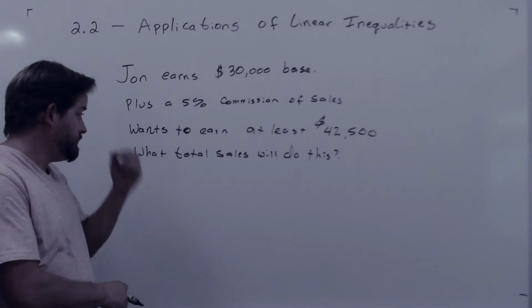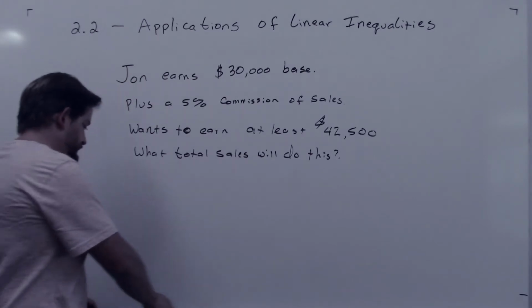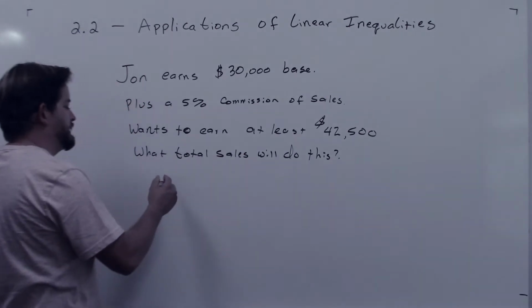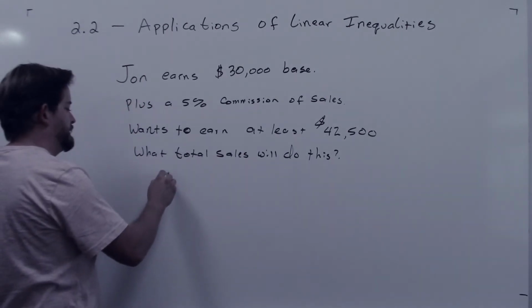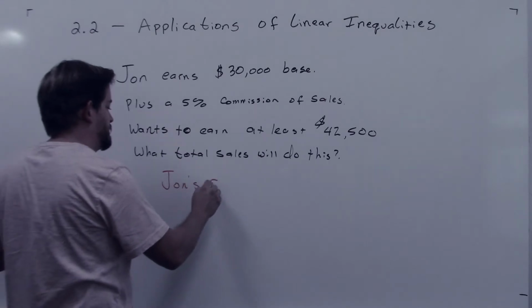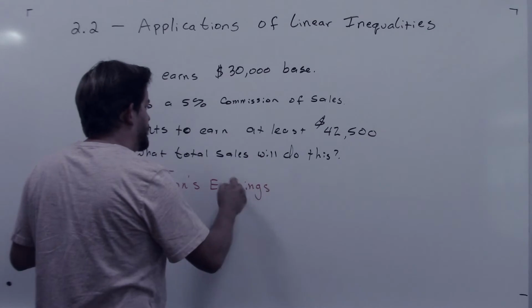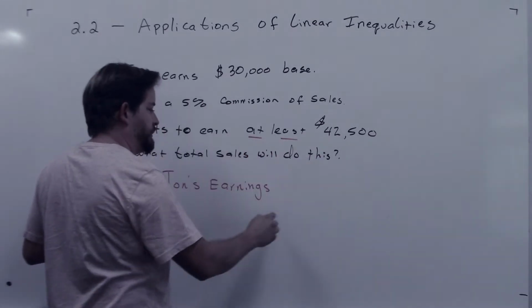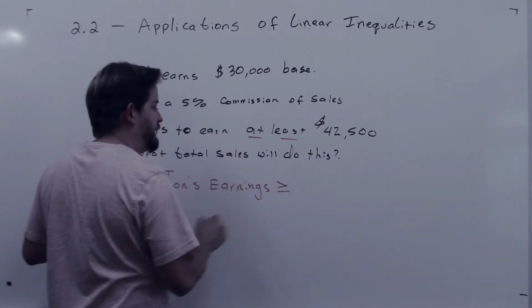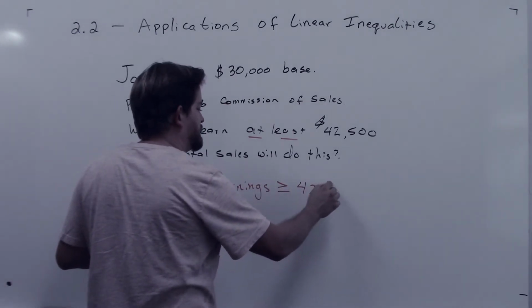So the equation, in a very general sense, is John's earnings, since he wants to make at least that much, those earnings should be greater than or equal to $42,500.